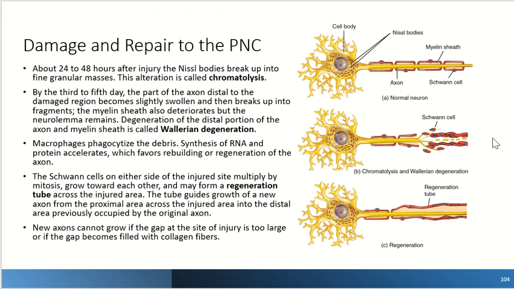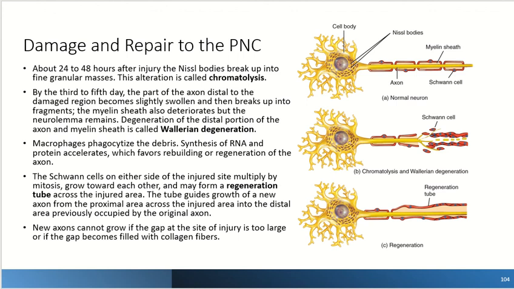So by the third to fifth day after the damage has occurred, the part of the axon that's distal to the damaged region is going to become slightly swollen, and it's going to break up into fragments, like you can see here. The myelin sheath is also going to deteriorate, but the neurolemma is going to remain, and that's important. The degradation of the distal portion of the axon and the myelin sheath is going to then be called Wallerian degradation.